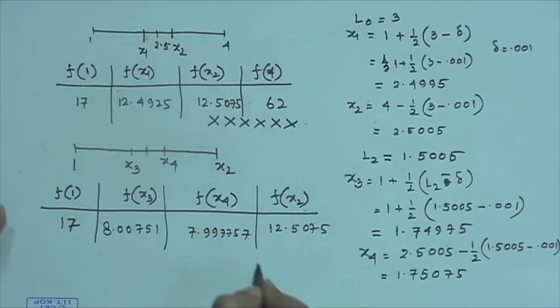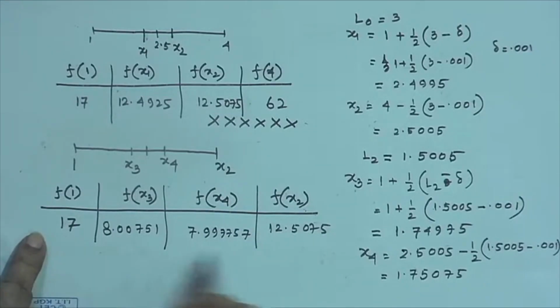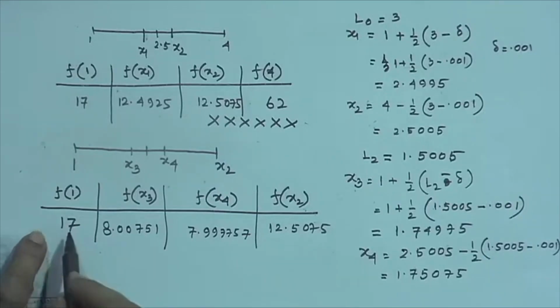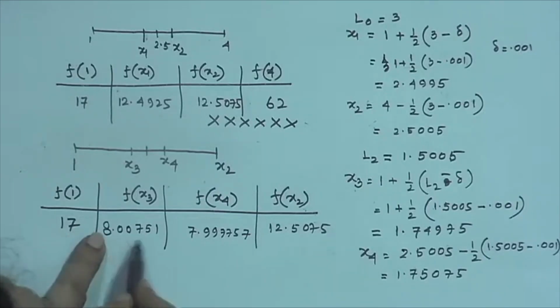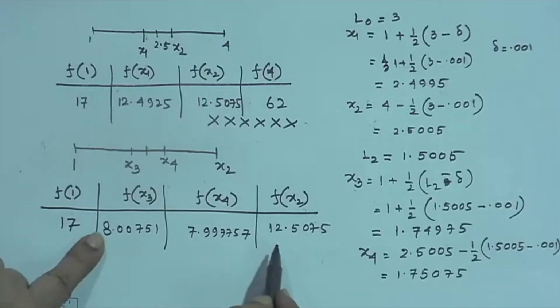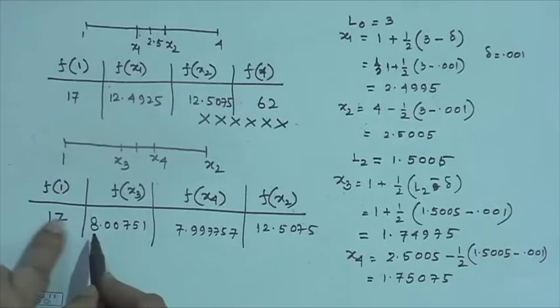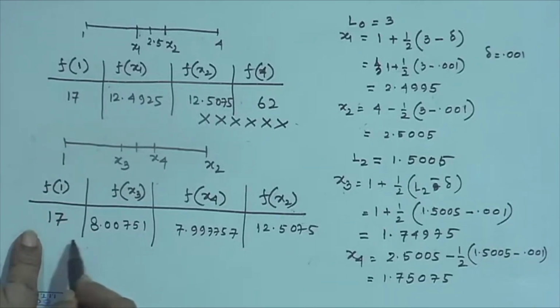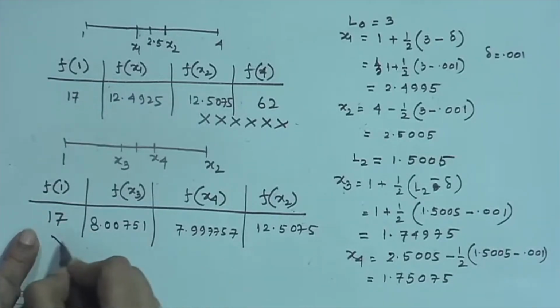As many digits as you can take, you will get the accurate result. Okay. Now, if we again see the trend, 17, then 8, again it is coming to 7.9, then 12. That is why the minimum cannot lie in this portion. Okay? Let us discard it again.